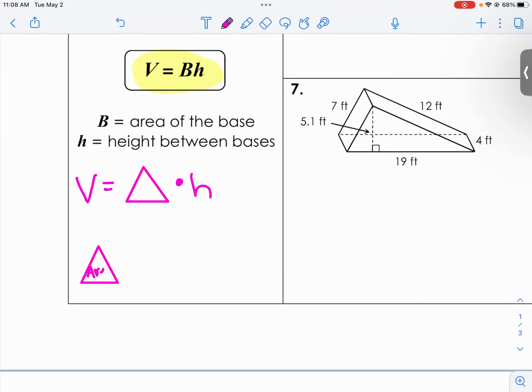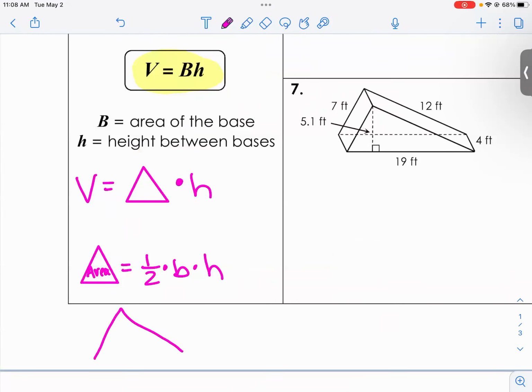How do we find the area of a triangle? Raise your hand if you can remember. Area of a triangle, how do you find it? Harrison? 1/2 base times height. Okay, yes.